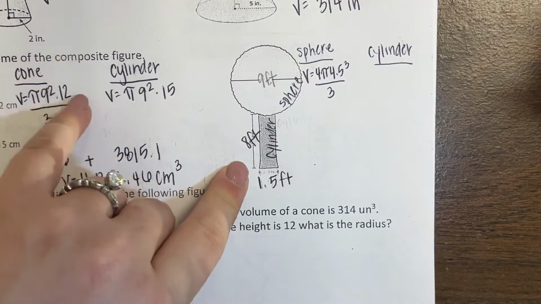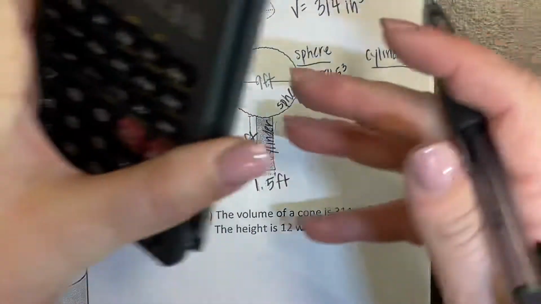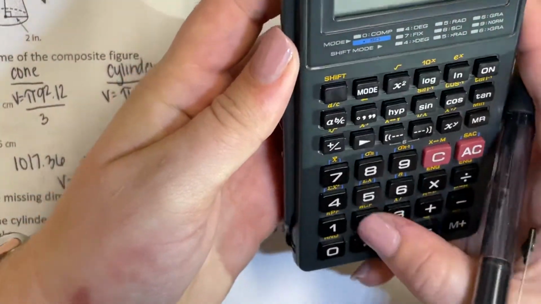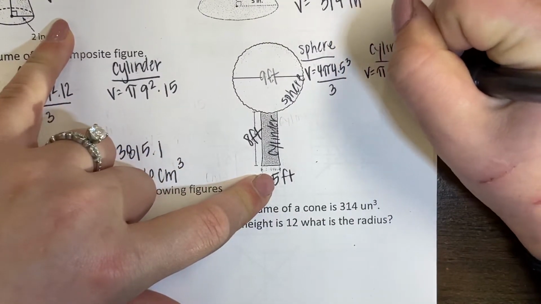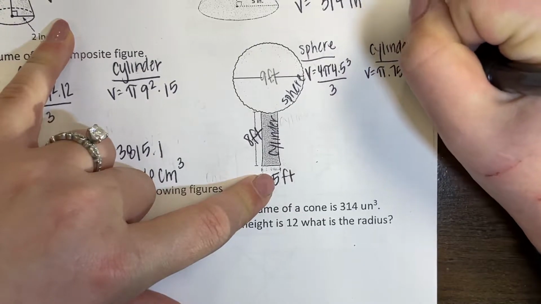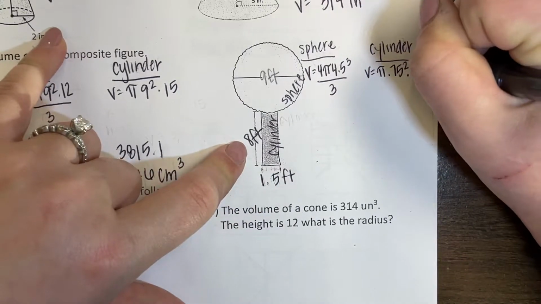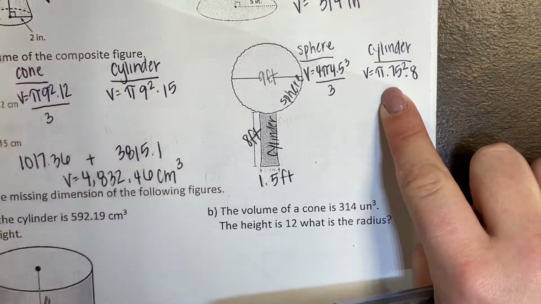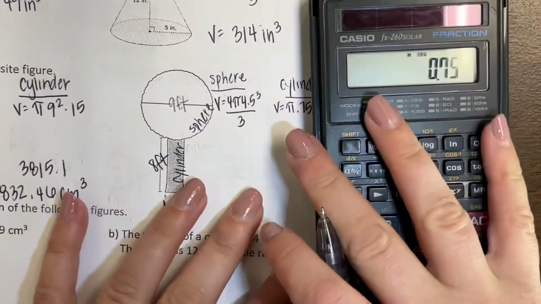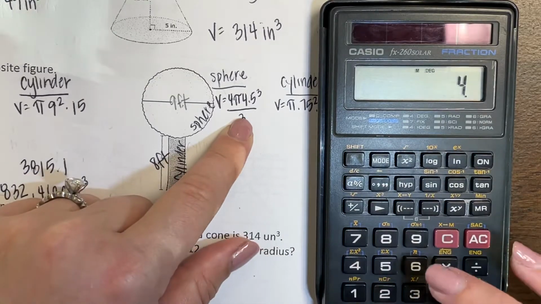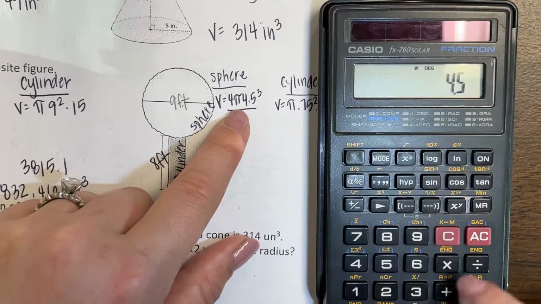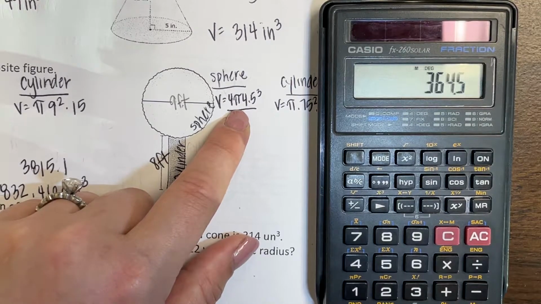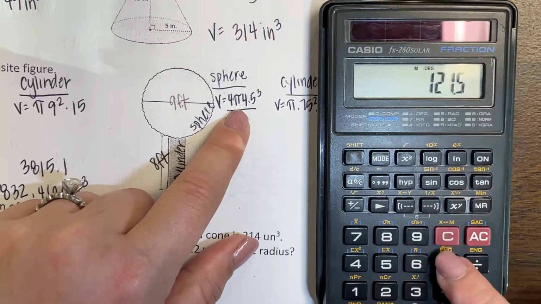And this cylinder, the radius is going to be half of 1.5. So 1.5 divided by 2 is going to be 0.75. That's going to be the radius. So volume equals pi radius squared times the height. Okay, so now we'll just plug in all those numbers. So let's do 4.5 times 4.5 times 4.5 times 4 divided by 3 times pi.